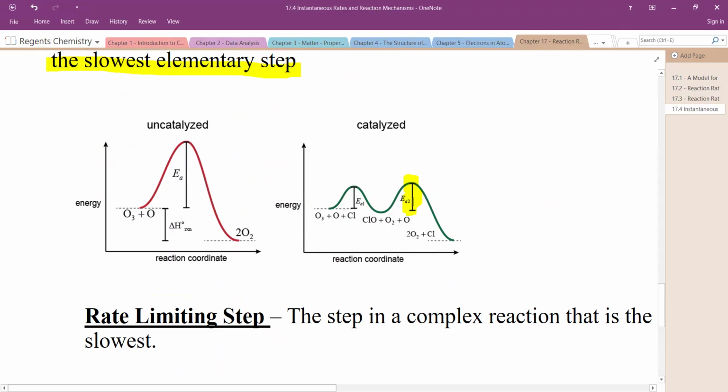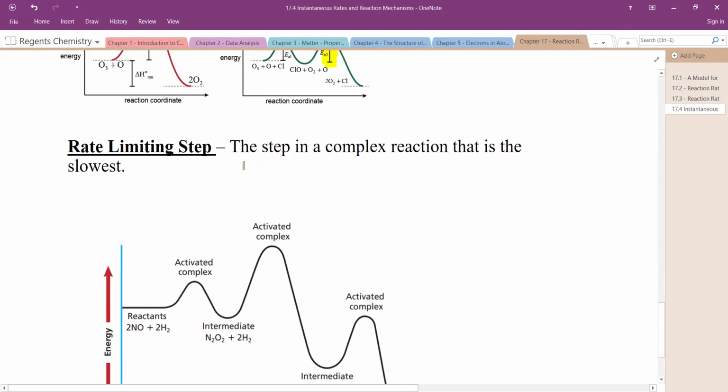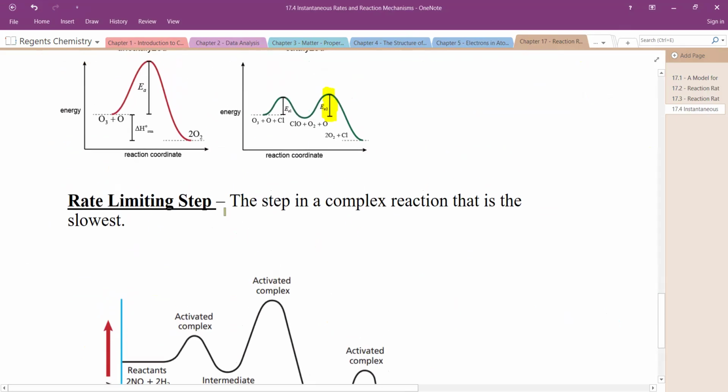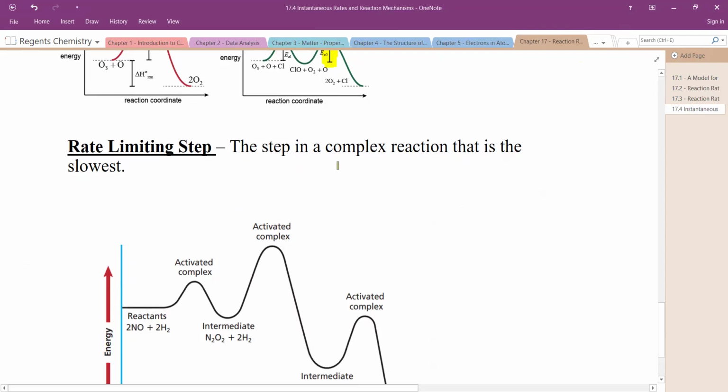So that is going to be what's called the rate limiting step. It is the hardest hill to get over. It takes the most energy, and so it will limit our reaction. I've defined that below as the rate limiting step: in a complex reaction, it is the step which is the slowest, and it's what limits our reaction.